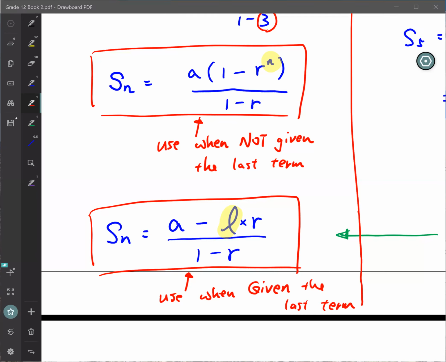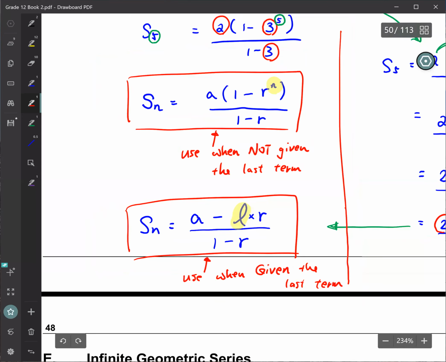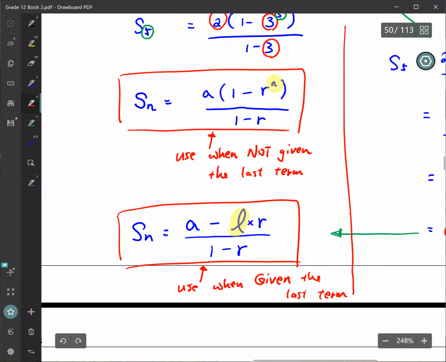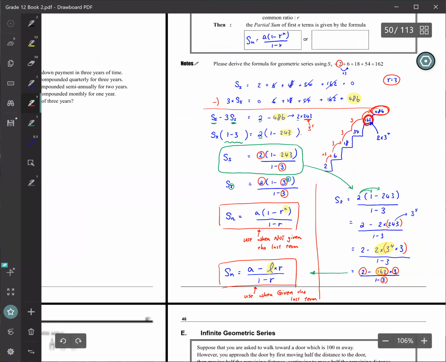So it's pretty straightforward, right? You just need to look at what's inside the formula, then you know when to use each one. You don't have the last term, so there's no place to plug into the first one. Only the second one has the L. So you can copy to the top now: Sn equals A minus Lr over 1 minus R. Of course you don't know how many terms there are.